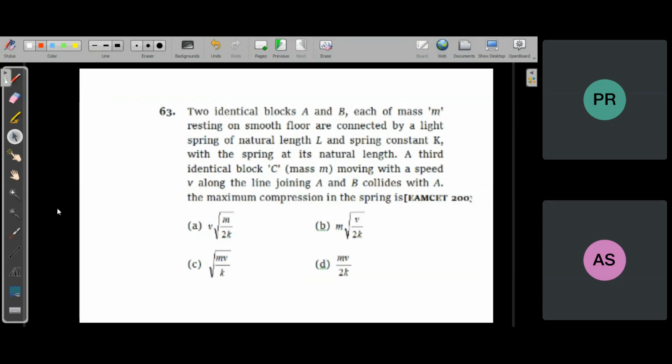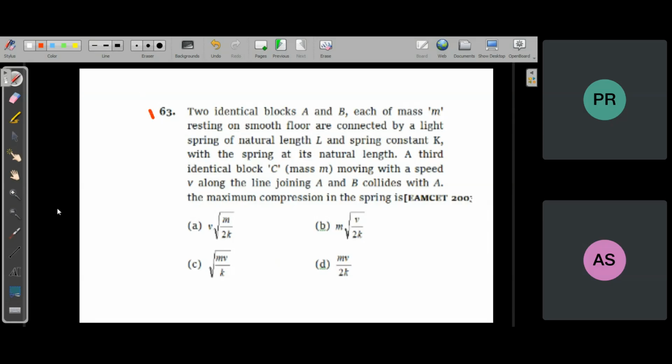Try this question. What you will do here?